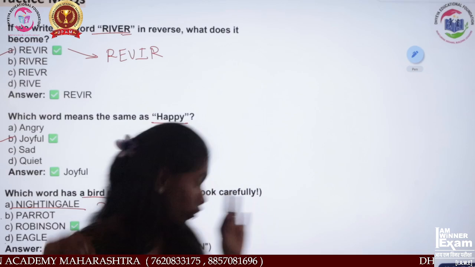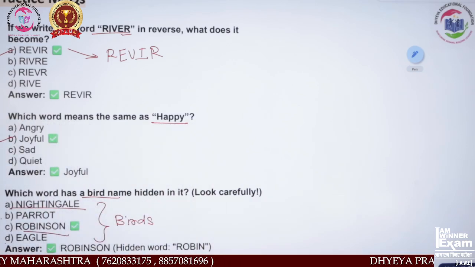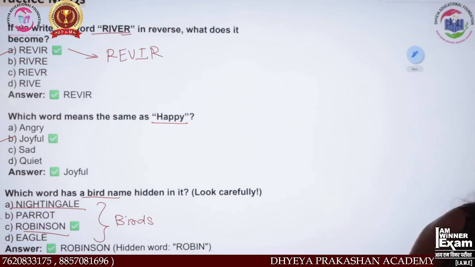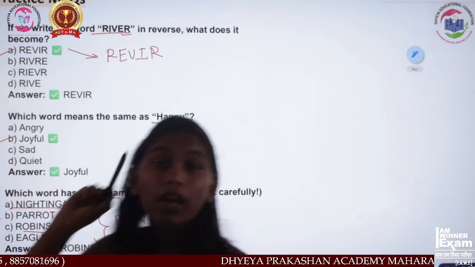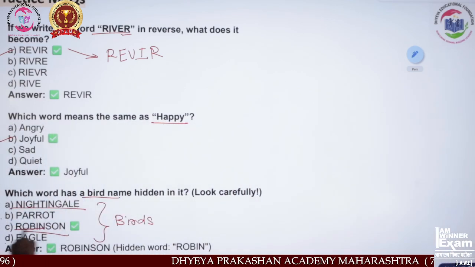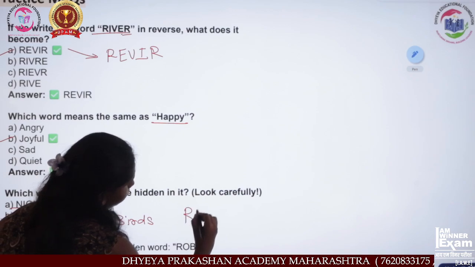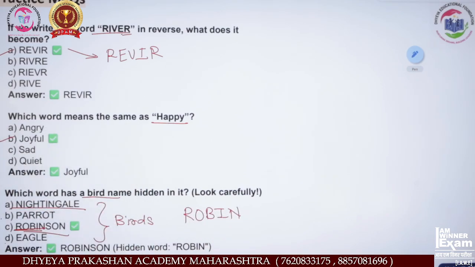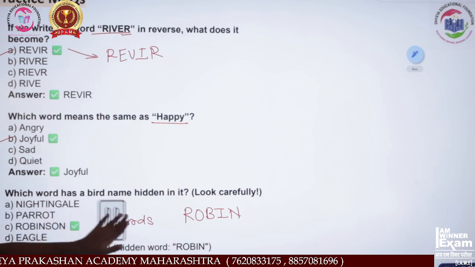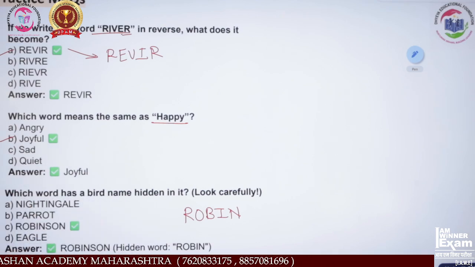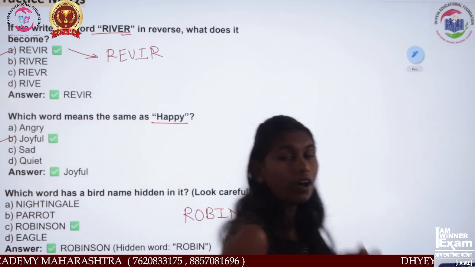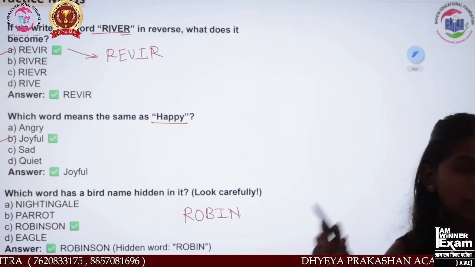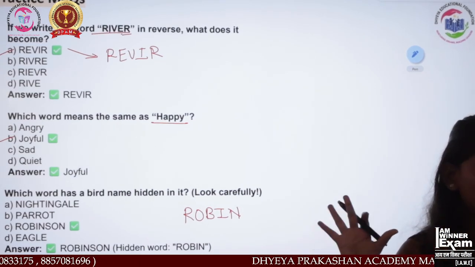But if you look carefully, that is C, Robinson. In this word, there is a bird hidden, that is Robin. So they are not asking which words are birds or not. They are asking about the word which has a hidden bird name.